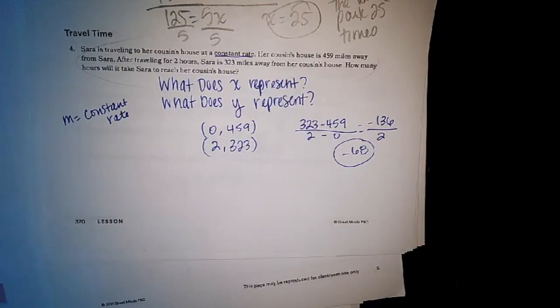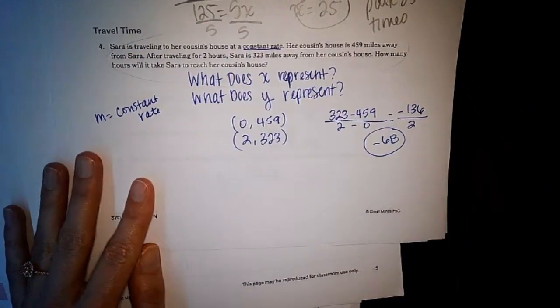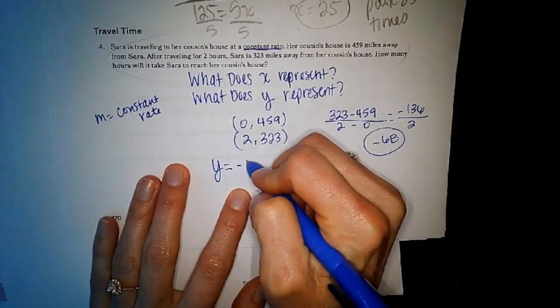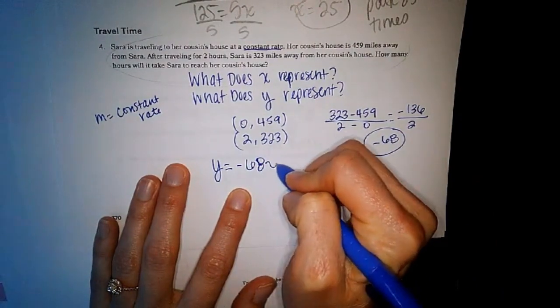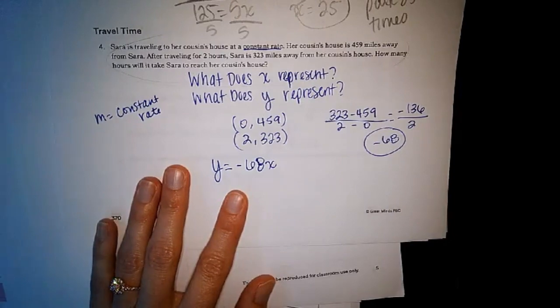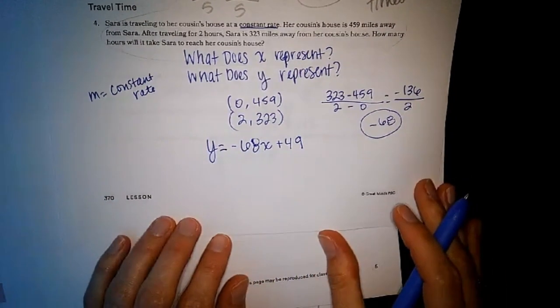Okay, so we know that y equals negative 68x, and where did she start? 459. So how many hours will it take Sarah to reach her cousin's house? How do we figure that out?